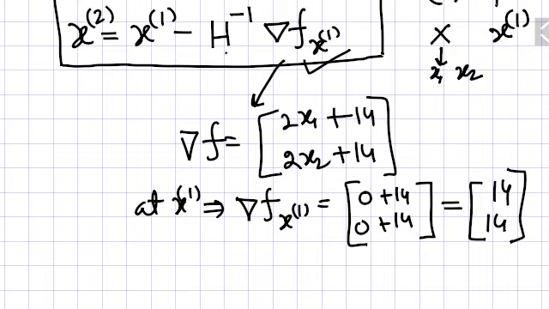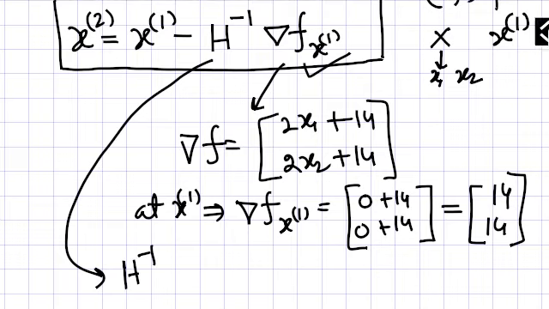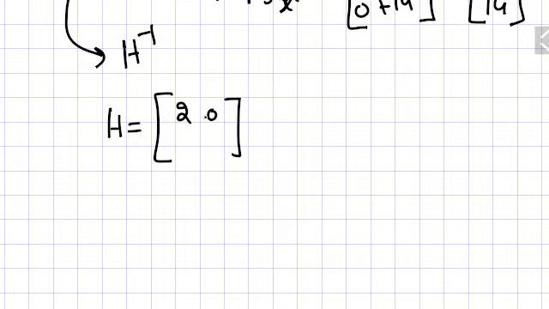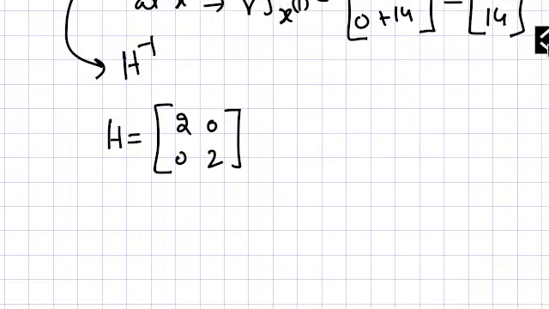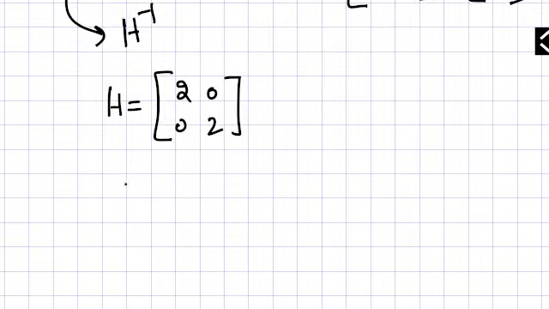Now how to find the inverse of the Hessian matrix? For this first we take the Hessian matrix, and I think it is 2 0 0 2. This is the Hessian matrix. Okay, so to find the inverse, you already know this method actually.